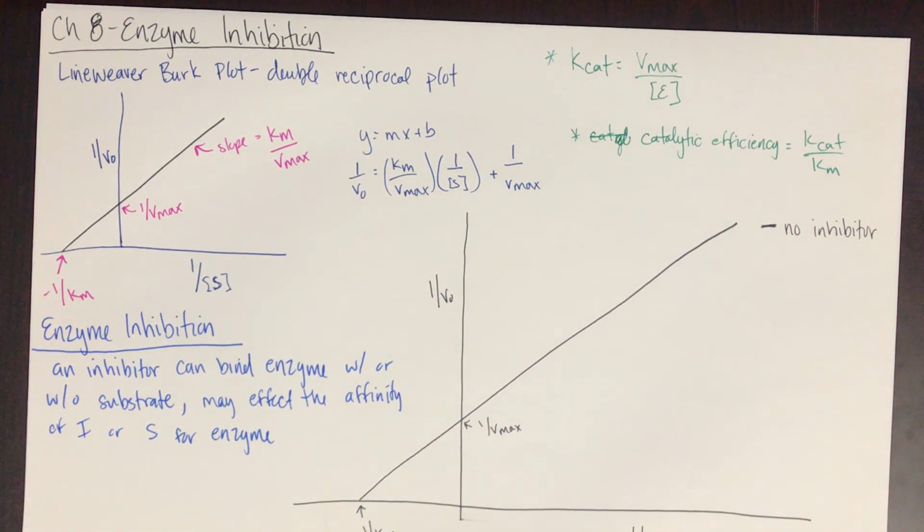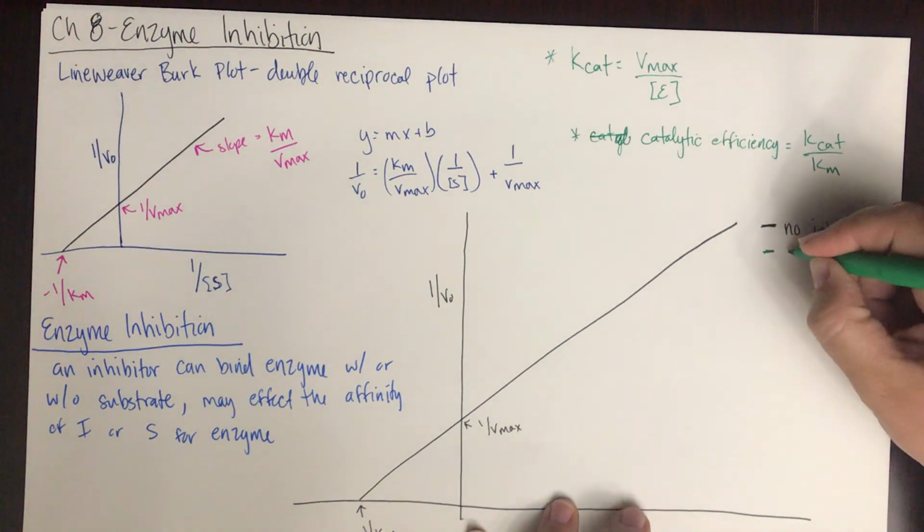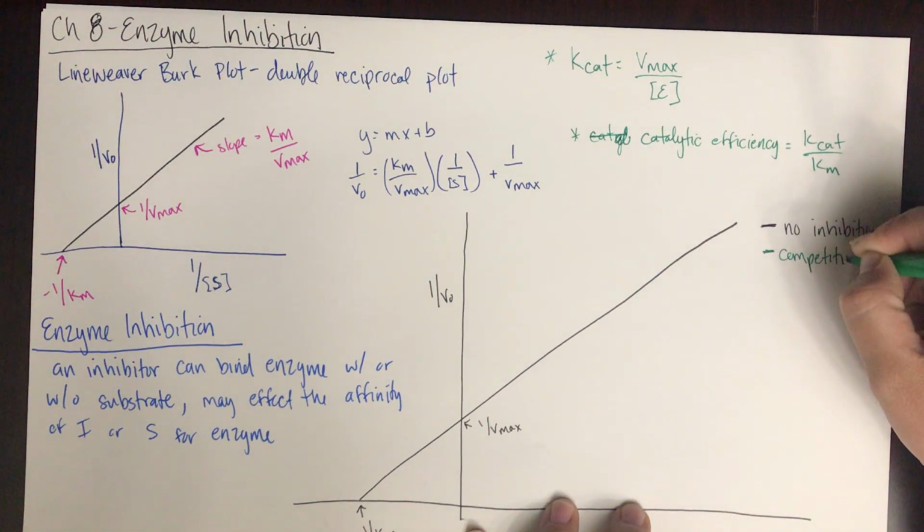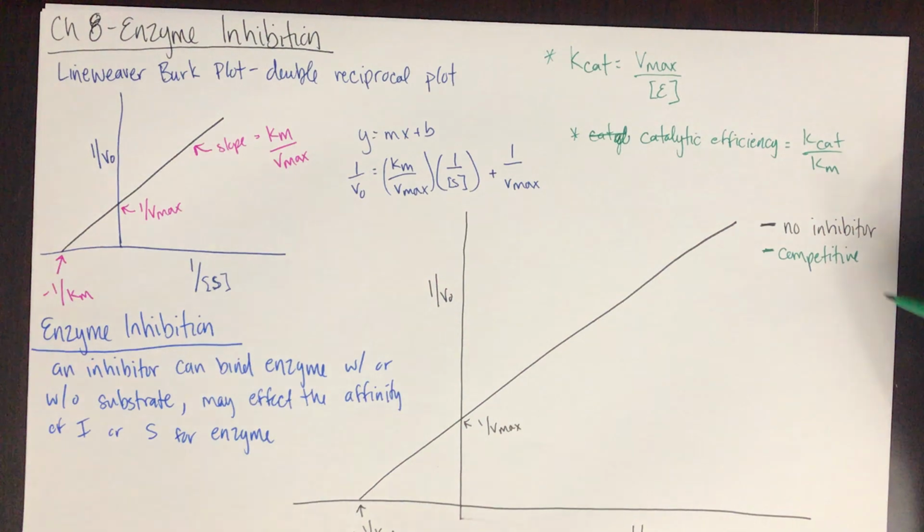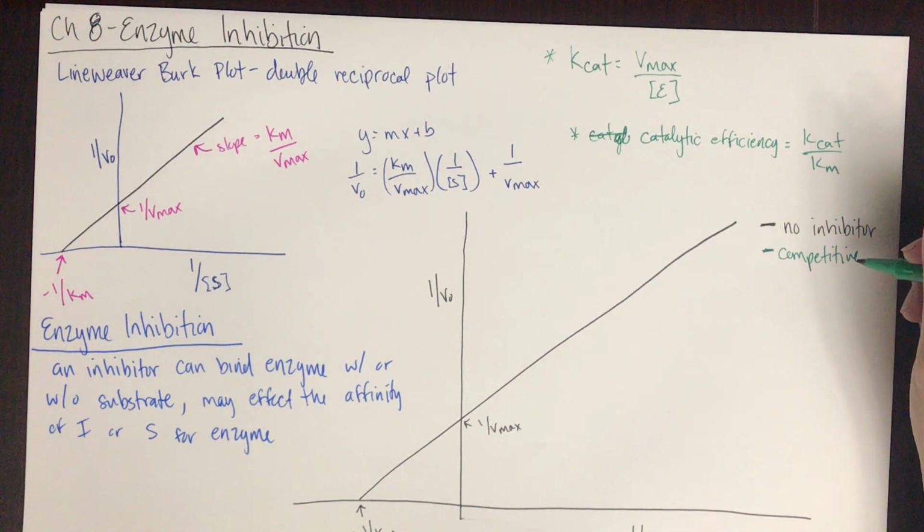So now we're going to talk about 3 types of inhibition. The first one is competitive inhibition. Competitive, I'm going to do in green. Competitive means it competes for the active site. So this inhibitor, whatever it is, it could be a small molecule, it could be another protein, it is going to compete for the active site. So wherever the substrate is going to bind the enzyme, a competitive inhibitor, it's called competitive because it competes for that active site.